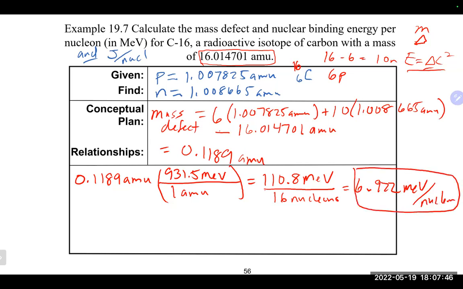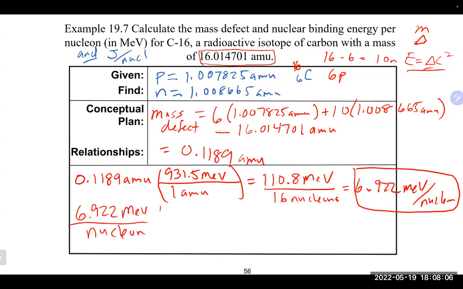At this point, I can either take the number I just boxed or the previous number and use the conversion to go from mega electron volts to joules. So I'll just take the final number there, which was 6.922 mega electron volts per nucleon.